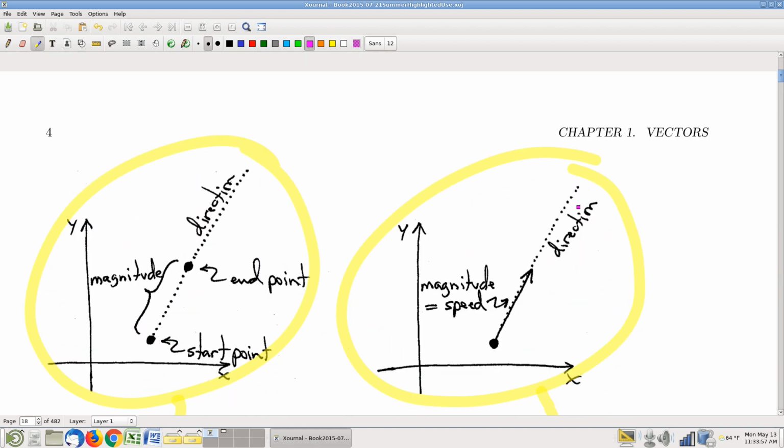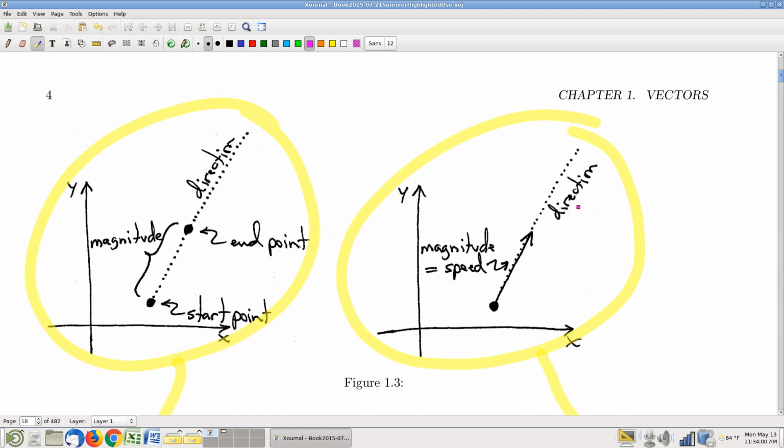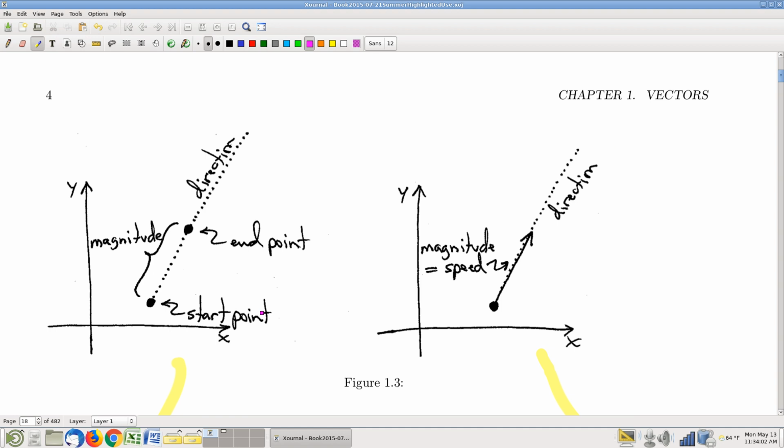Okay, next thing I want to talk about, vectors. Let's talk about an example of a physical quantity that we need to talk about sometime, and it's the idea of a displacement. Let's think about this action of moving from this starting point to this ending point.